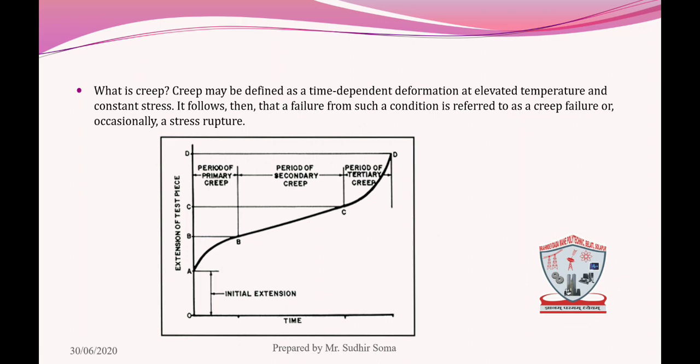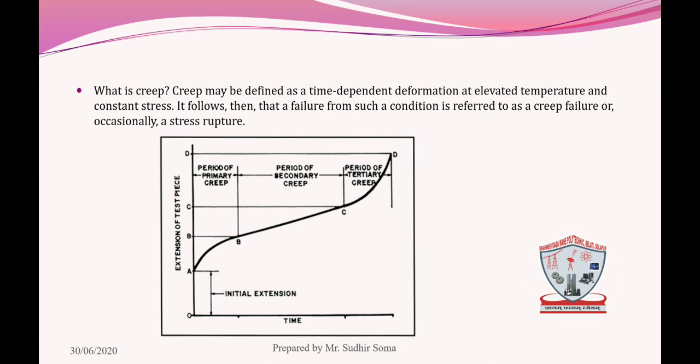One more thing I will tell you, in the first stage creep continues at a decreasing rate that becomes approximately constant during the second stage. The beginning of the third stage is marked by a rapid increase in creep rate. So the strain OC may be entirely elastic or elastic plus plastic, depending upon the material, the temperature and the stress.